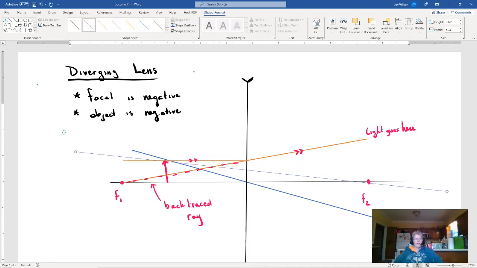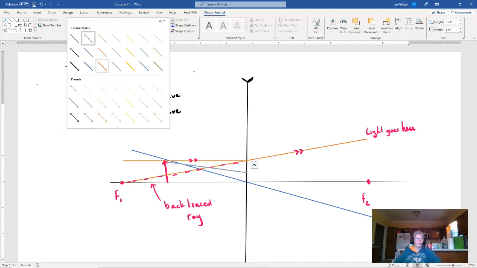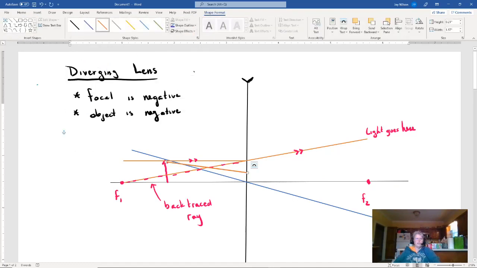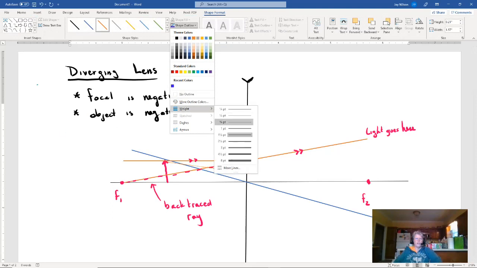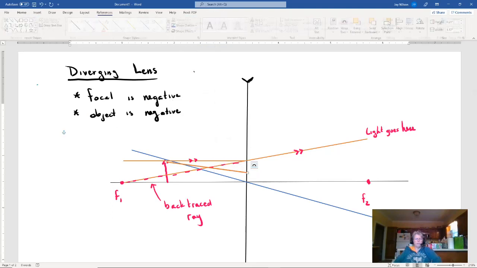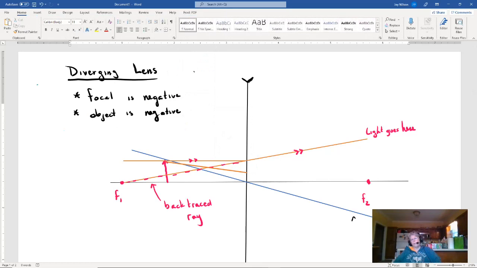It's going to go through the tip, but it's only going to go through the tip to the mirror. Let's give it some weight so you can see it. So this is your focal ray.